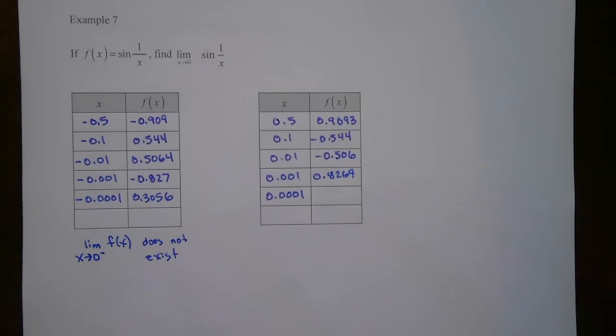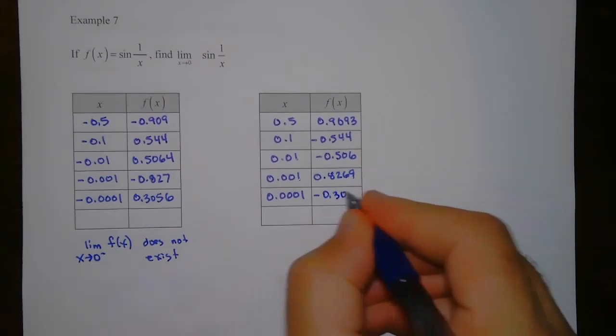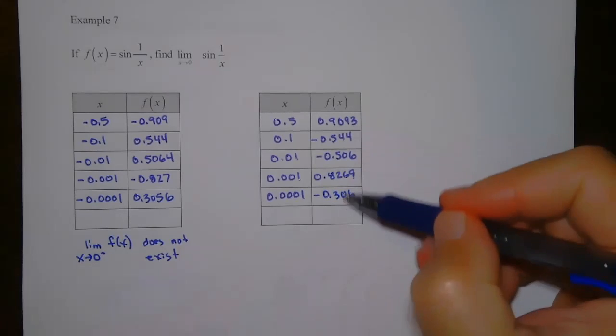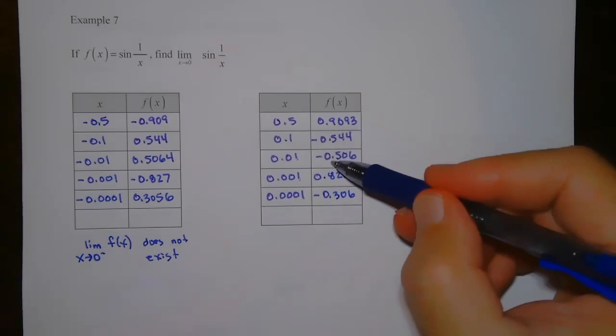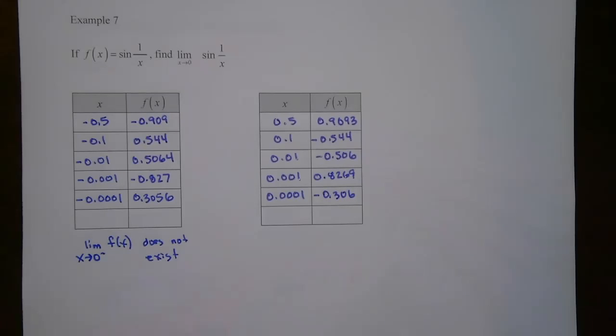And then 0.0001, and all of a sudden it's negative 0.306. Once again, it's bouncing around between positive, negative, negative, positive, negative, right? It's not getting closer and closer to any one value, okay? And you'll see it, like you'll start seeing it gets closer and closer, like the decimal, like you'll get 2.9, 2.99, like we were seeing earlier, okay?